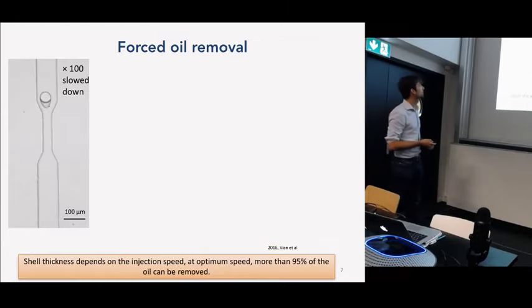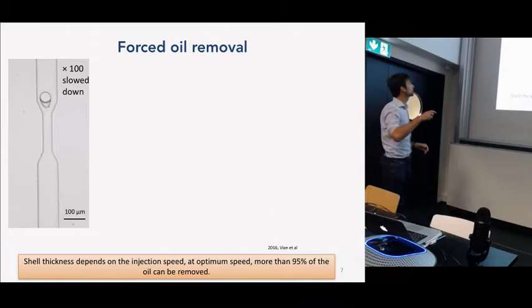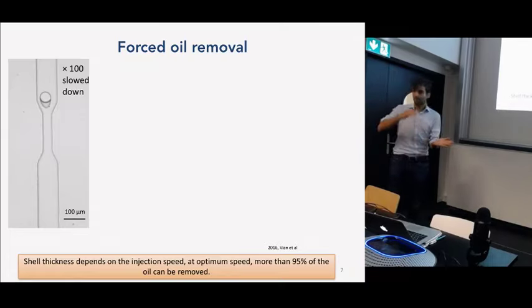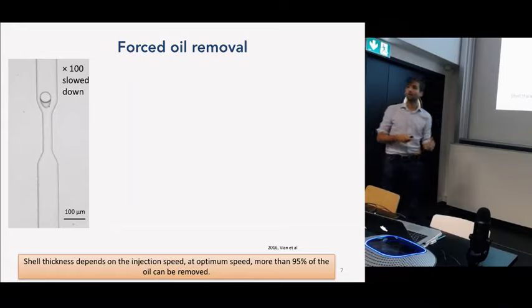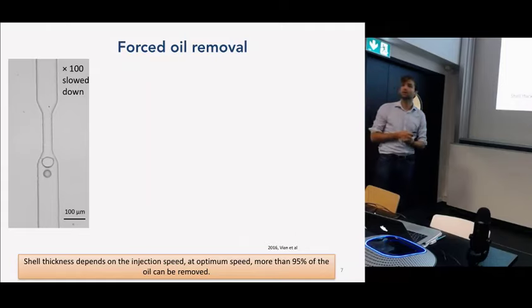And that's why we went with this system. So it's just a channel with a constriction. And the double emulsion arrives in the channel. It's already compressed in one direction. And it enters the constriction. And what we could see is that there is a pinching off of the oil.